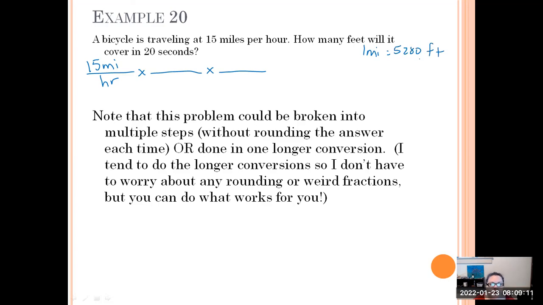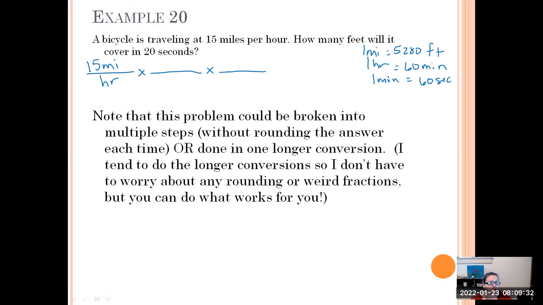What else do we need? We need to go from hours to seconds. We can't go directly from hours to seconds, but we can go to minutes, and then from minutes to seconds. So think of the puzzle. 1 hour is 60 minutes, and 1 minute is equal to 60 seconds.